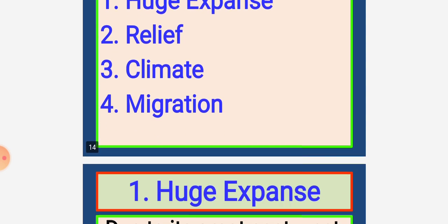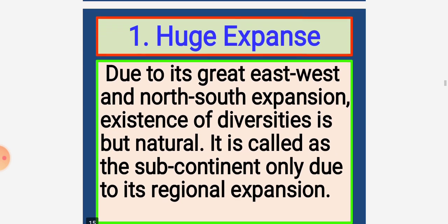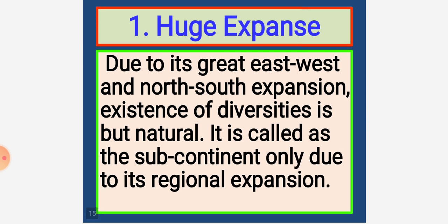Number 1, huge expanse. Due to its great east-west and north-south expansion, the existence of diversities is natural. There is the expansion, the area, the distance from east to west, the difference from north to south.